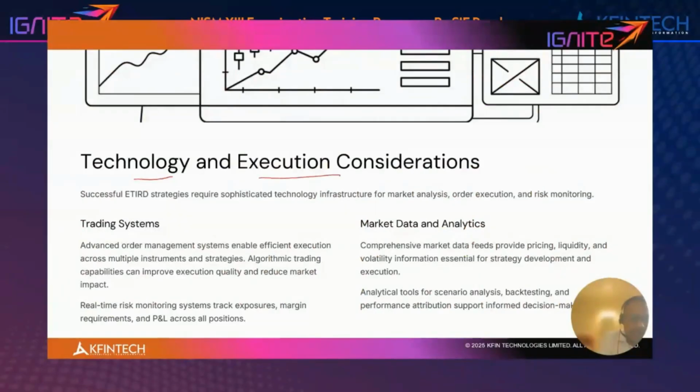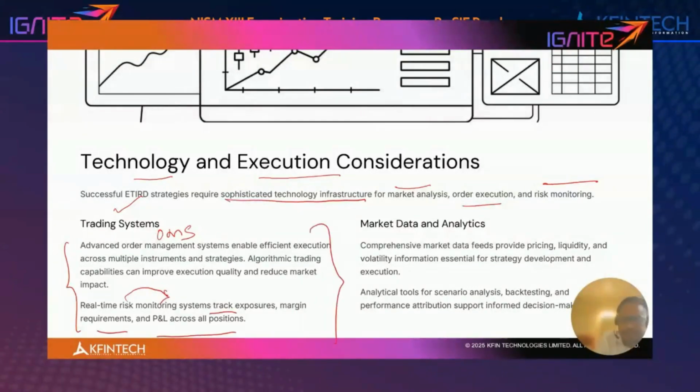Technology and execution consideration. Exchange traded interest rate derivatives require sophisticated technology infrastructure for market analysis, order execution, and risk monitoring. Advanced OMS, which is order management system, are required for real-time risk monitoring system tracking, margin requirements, and P&L across all positions. So, see, unlike equity, right? Equity is linear.